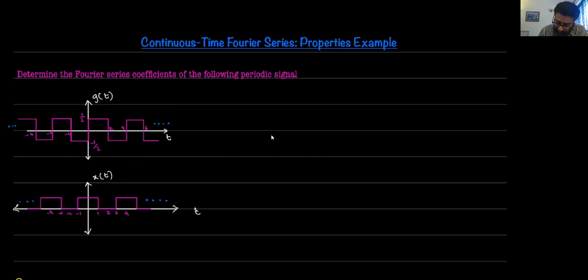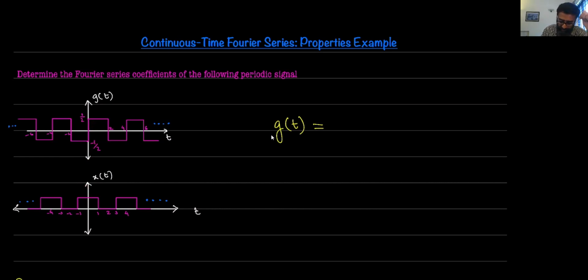So g of t, if I were to write as a function of x of t, I observe that g of t is actually equal to, if I shift this x of t by 1 second to the right, I'm going to get something of the sort, except that it's going to stay above 0 all the time.